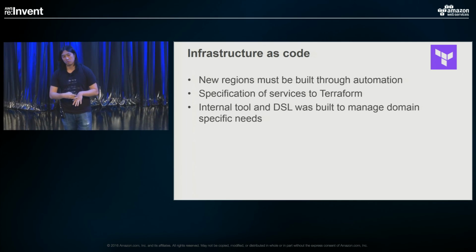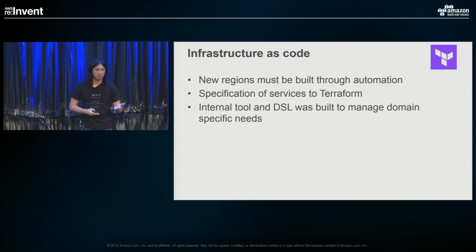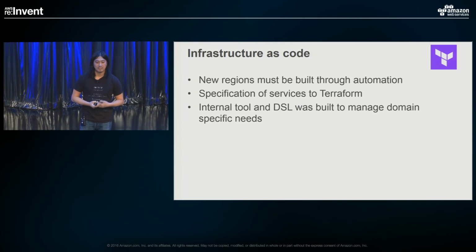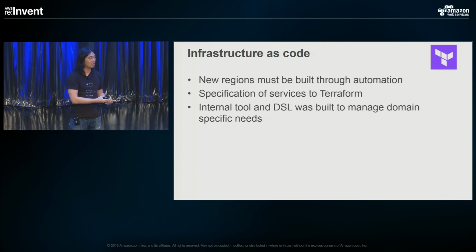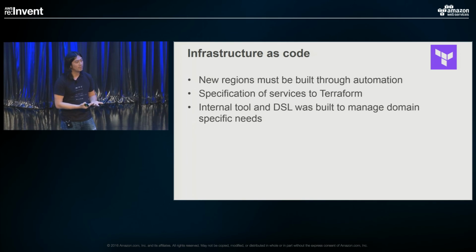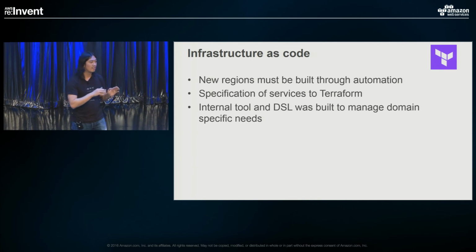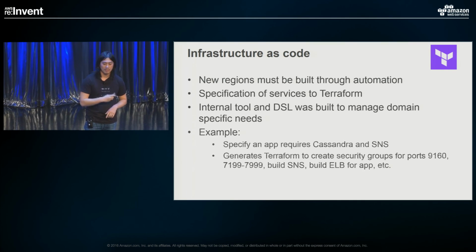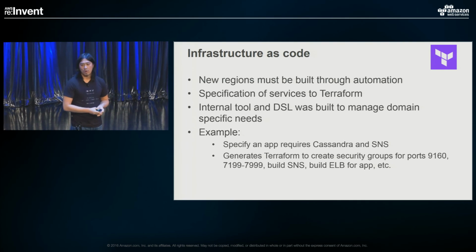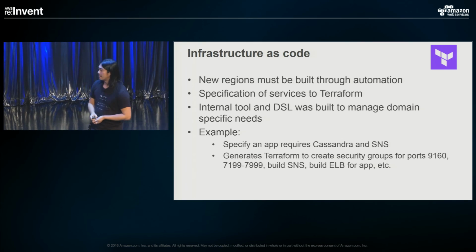We had an internal tool and a DSL which could manage our Sony-specific domain knowledge for our microservices. Each microservice had a definition, a specification, that would generate something to be fed into Terraform to build the infrastructure for that microservice. For example, let's say an app required Cassandra and SNS.